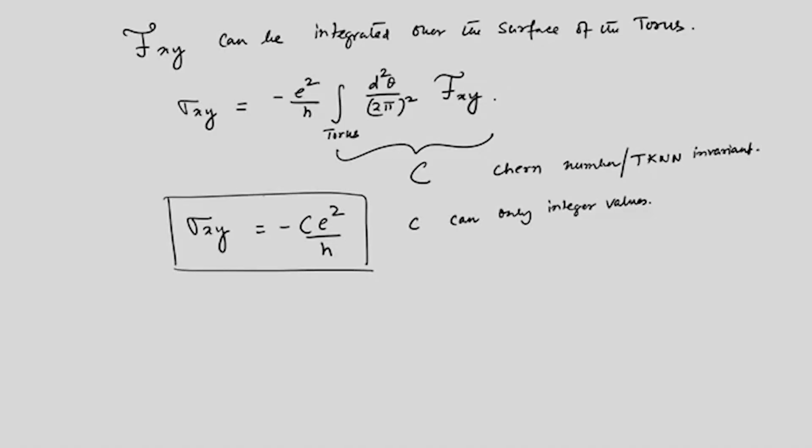Because of this discussion, if you follow right from the beginning, you will see that it is completely general, and it does not talk about any crystal lattice or a 2D electron gas.